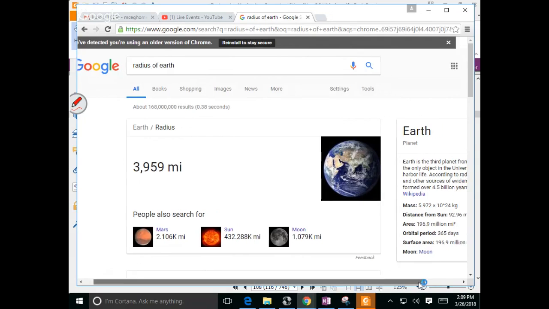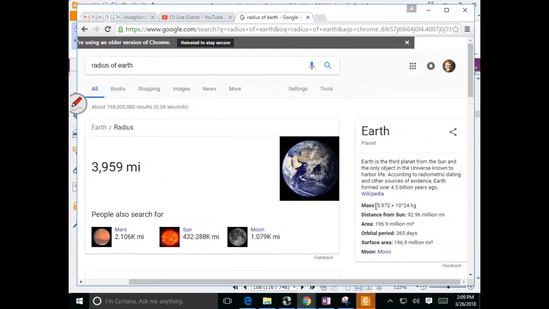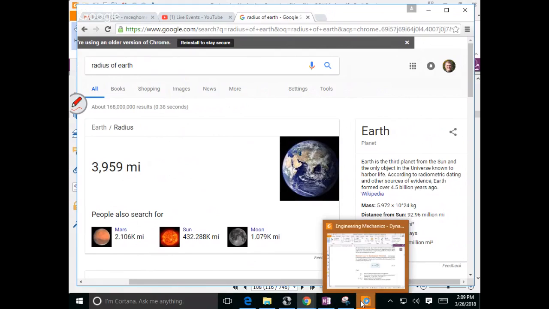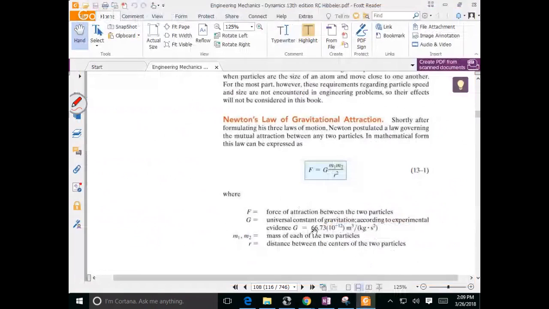Let's see, does he have the mass? There's your mass of the Earth. Look at that. You know what? Let's see, what are his units over here? I know I'm distracting. I mean, this is going to be distracting. Oh, look at that. Okay, let's just try something, just out of curiosity.